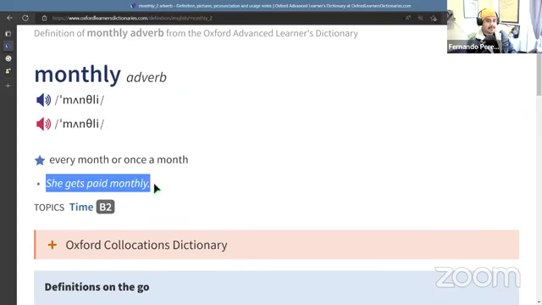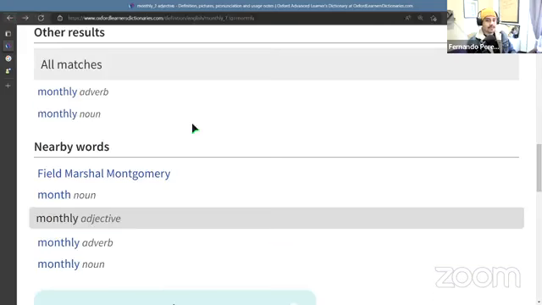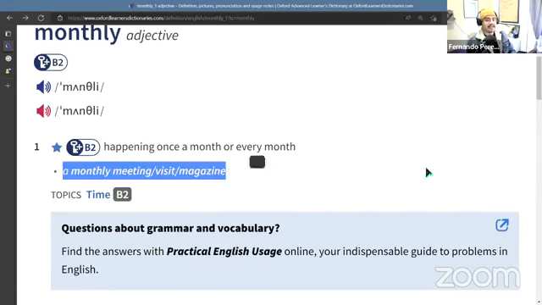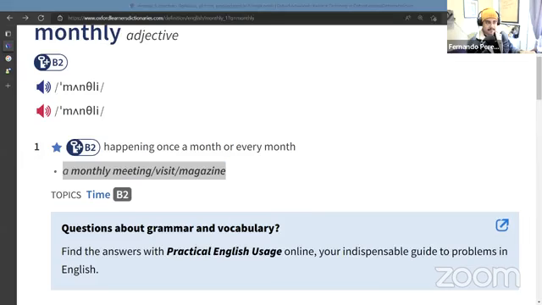She gets paid monthly. Okay, I understand that we are describing how often she gets paid. But in the previous example, we are not describing how often, because we are describing a thing. A monthly meeting, a monthly visit, a monthly magazine.